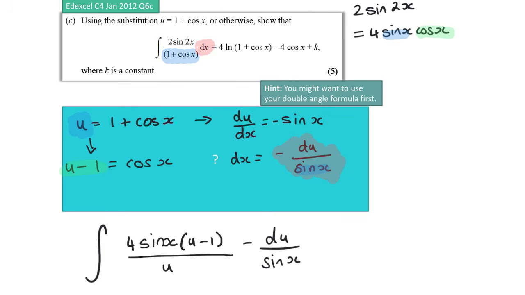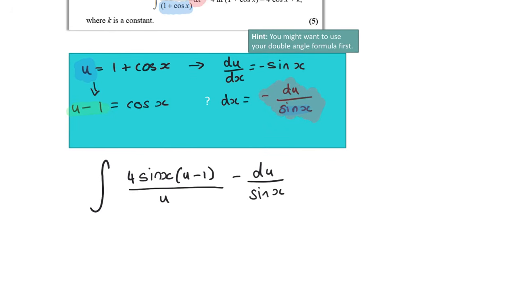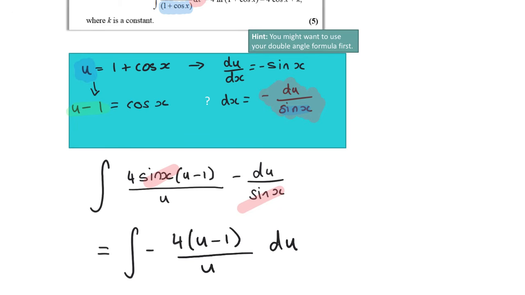Okay? So now, what is this going to equal? First of all, I've got a negative times a positive. I'm going to bring the negative to the front. I have 4. Now, the sine x's are going to cancel. So technically, I have the integral of 4 times (u minus 1) all over u with respect to u.